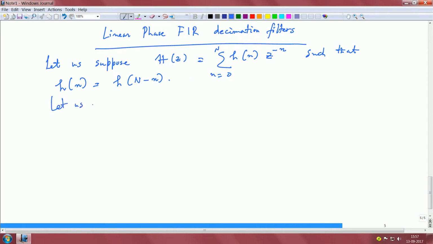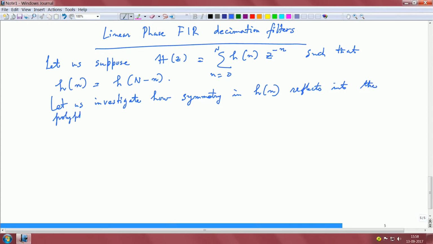Let us investigate how symmetry in h of n reflects into the polyphase components.